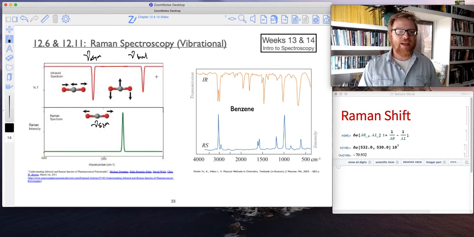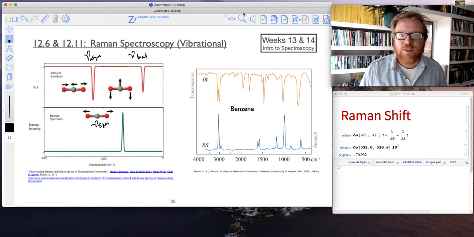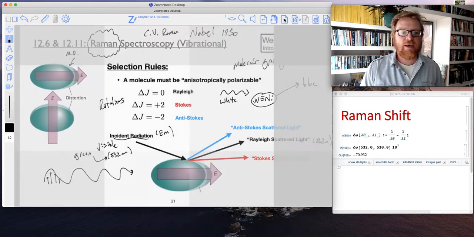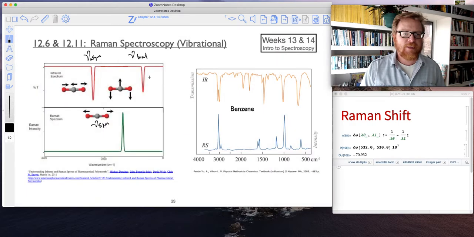And recall we said that, so let's back up here and put some labels on these. The 667 and 2349, so that's 667, and this one's 2349.